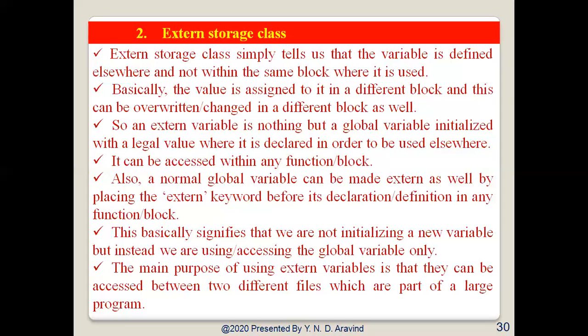The scope is the entire program, and the lifetime is till the end of the program. Only after the main block ends, the external storage will get released. The main purpose of using external variables is that they can be accessed between two different files which are part of a large program.